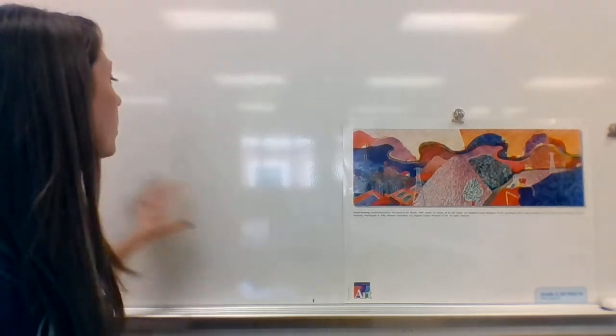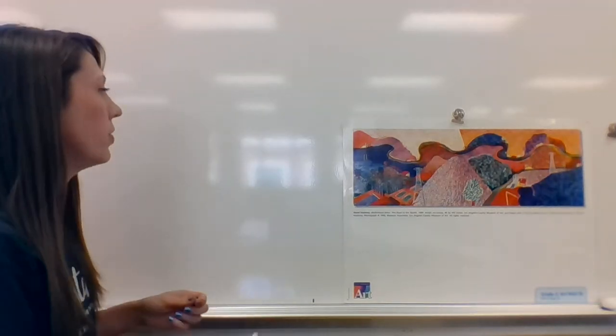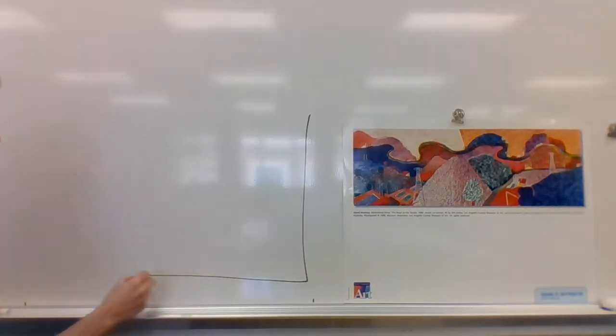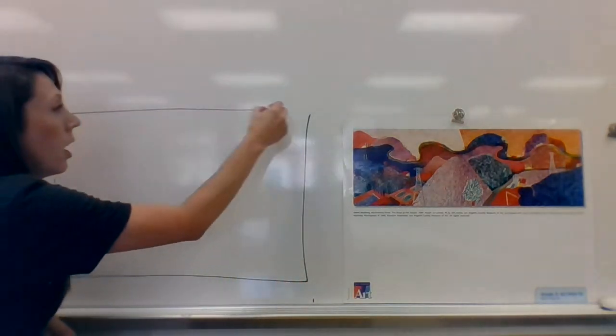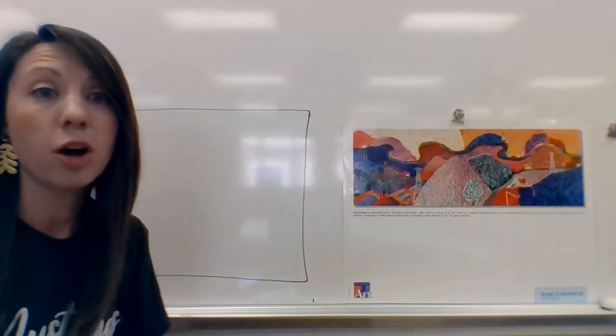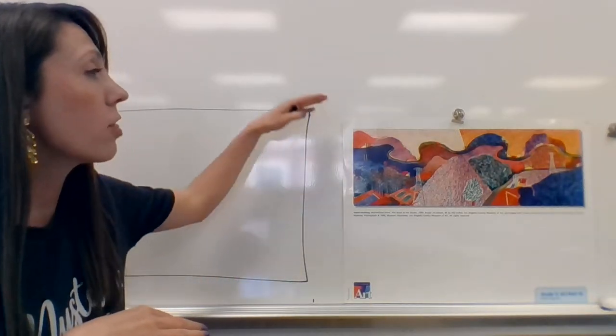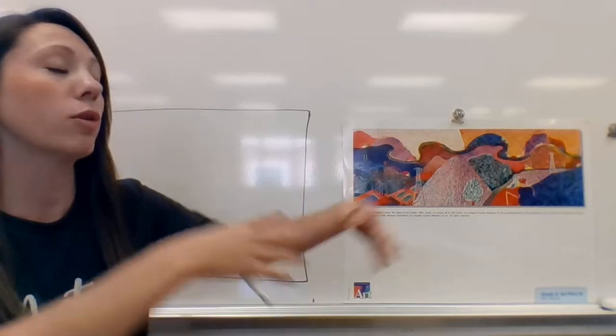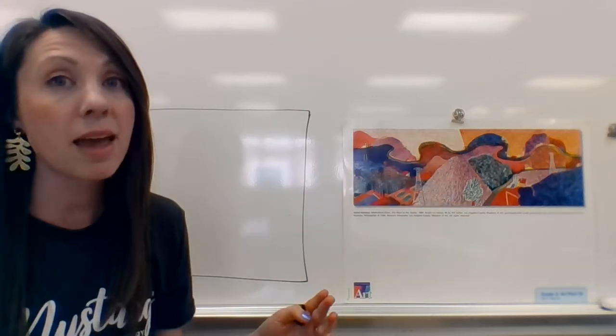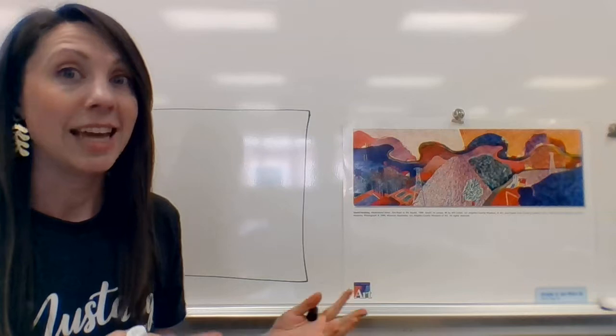So I'm going to do a horizontal one over here on this side. So let's pretend that this is my paper. And remember, I want to show a foreground, middle ground, and background. I want to show it going back farther and farther into space so I can show a lot of land. Remember, a landscape is a picture that shows land.